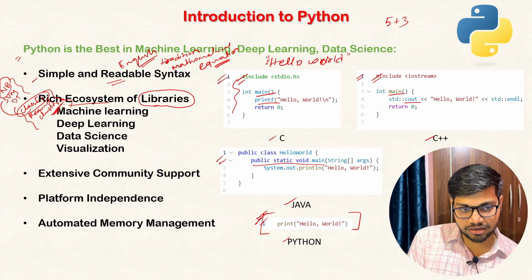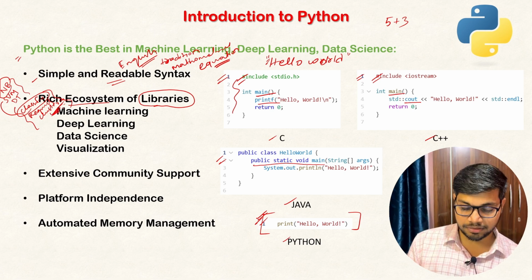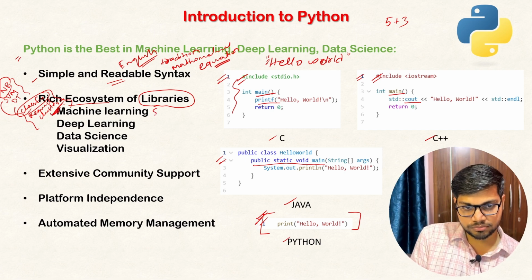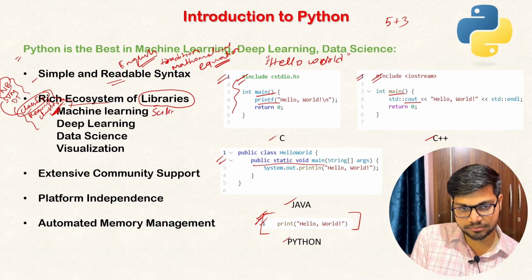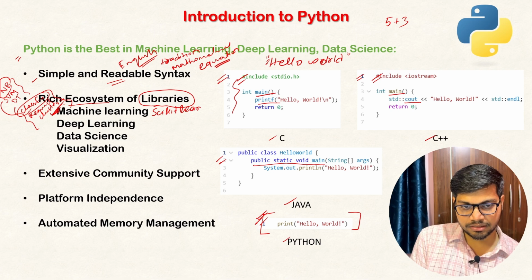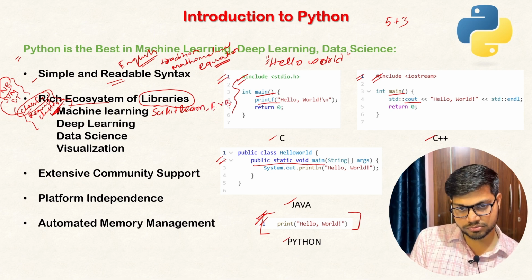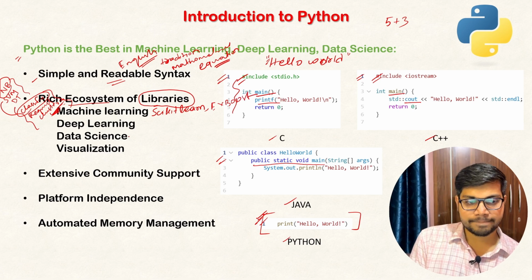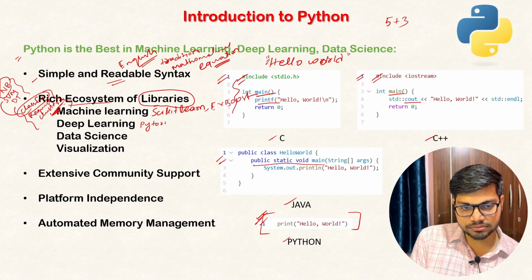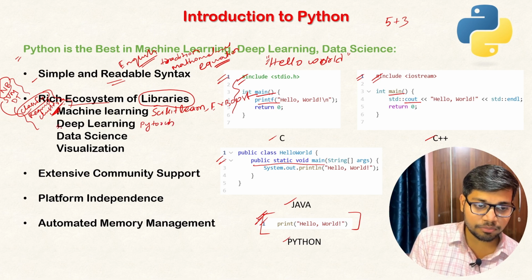So in machine learning various libraries are there. One of them is scikit-learn, then another is XGBoost, and in deep learning there is PyTorch. Let's see, in deep learning what are we doing?